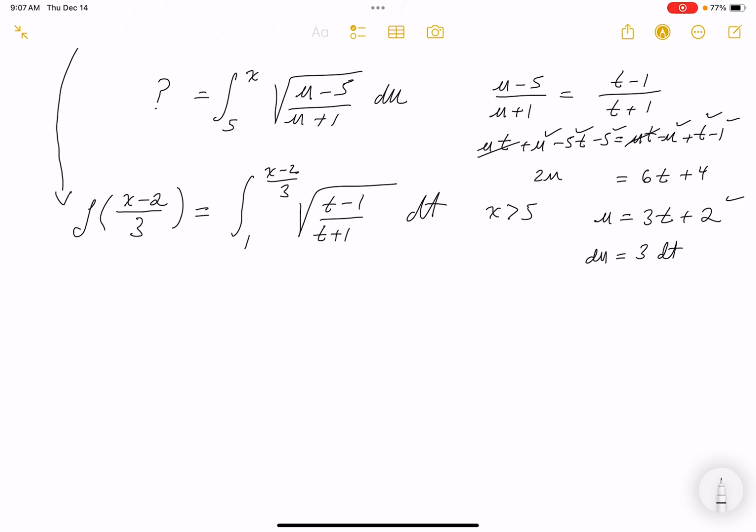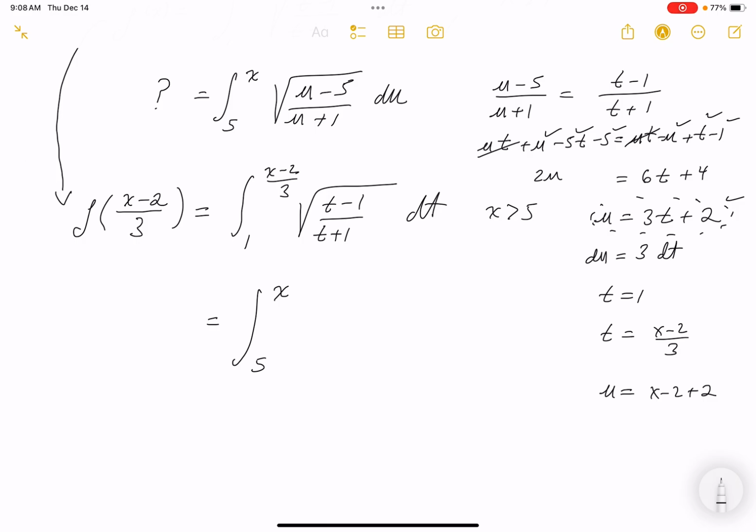Let's make our substitutions. If t equals 1, what would u equal? It's 5. Now if t equals (x minus 2) over 3, I got to plug it in, and you're going to get u equals x minus 2 plus 2, which would just be x. All right, I wanted that anyway.